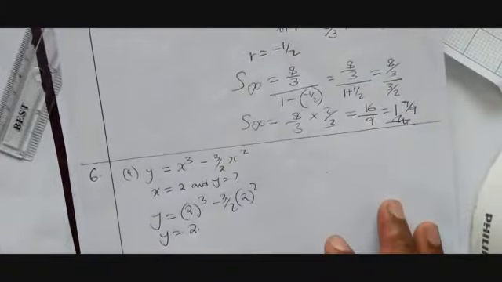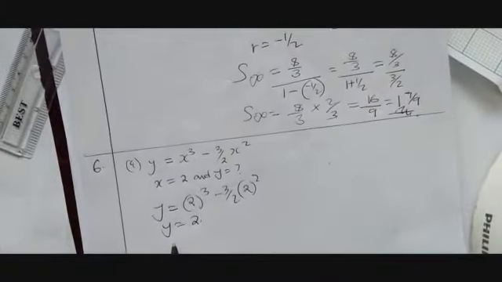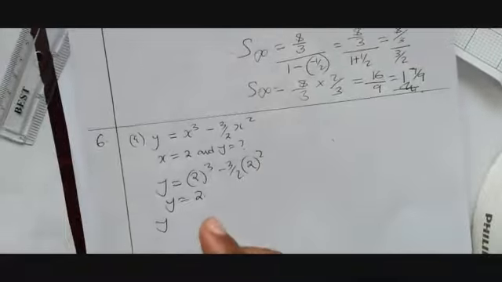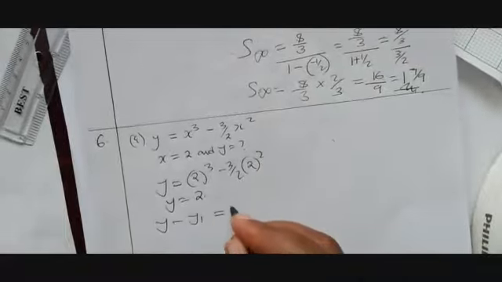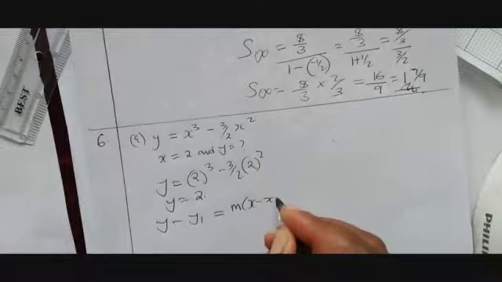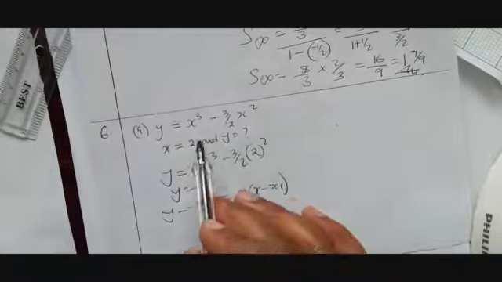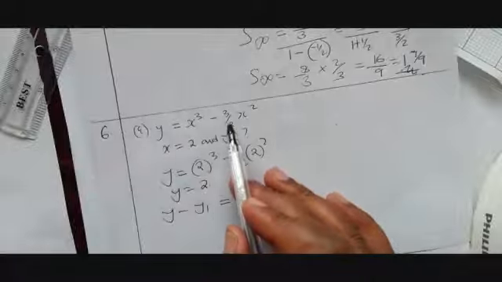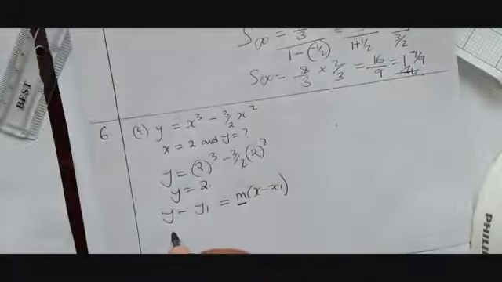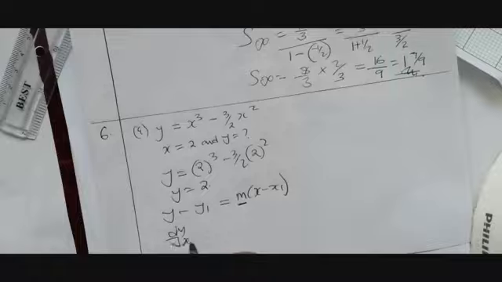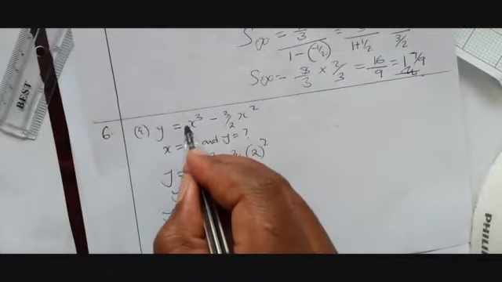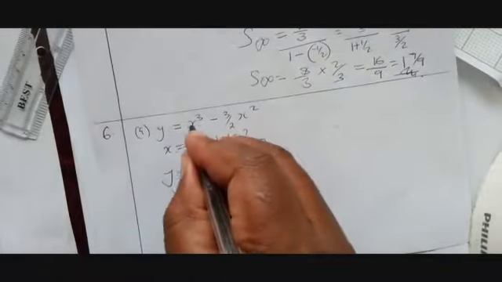Then, you know that to find the equation of the normal, we need to say y minus y1 is equal to m(x minus x1), where m is the gradient of the normal. But what we are going to do is to get the gradient of the tangent first. So to get the gradient of the tangent, we'll say dy/dx is equal to, here there's a coefficient of 1, so it will be 3. When you multiply by 1, it will be 3.